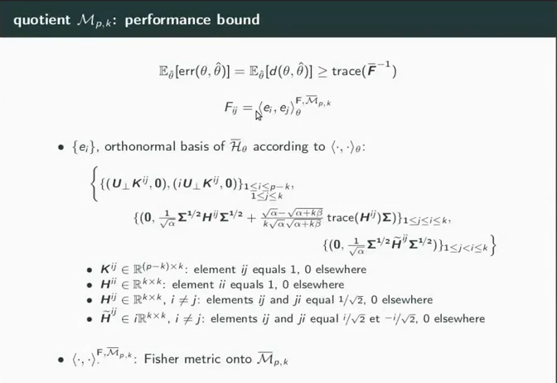So here we have the Fisher information metric of the elliptical distributions on the whole manifold, and here the e_i and e_j correspond to the orthonormal basis of our alternative horizontal space according to the chosen metric on M bar. So it's given by these formulas here.